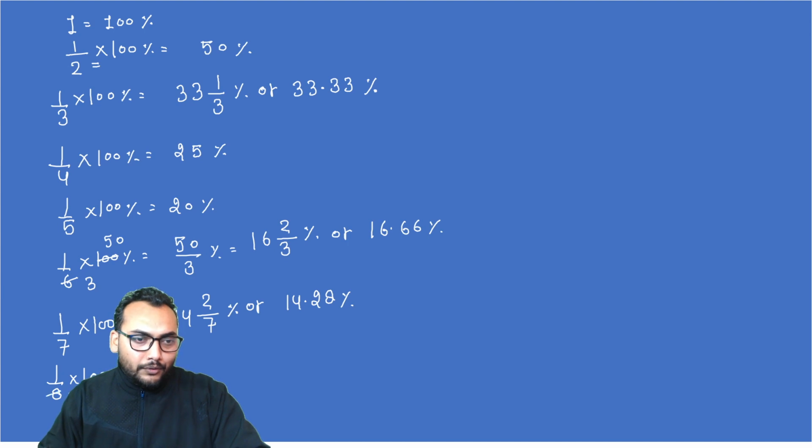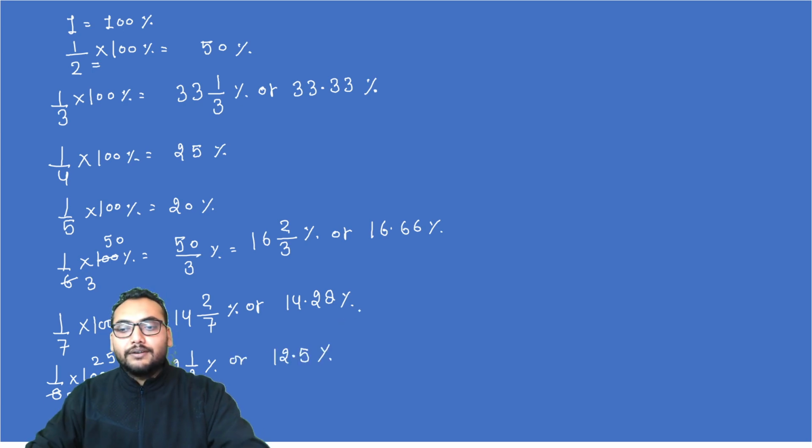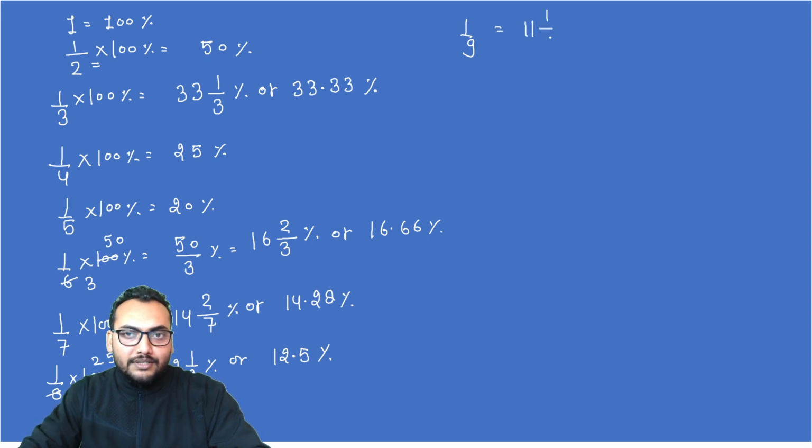So divide 4 by 4 and 100 by 4 gives 25, that means now if you divide 25 by 2, you will get 12 1 by 2%, or you will get 12.5%. Okay, now in the same way, if you want to convert 1 by 9 into percentage, it can be 11 whole 1 by 9%.